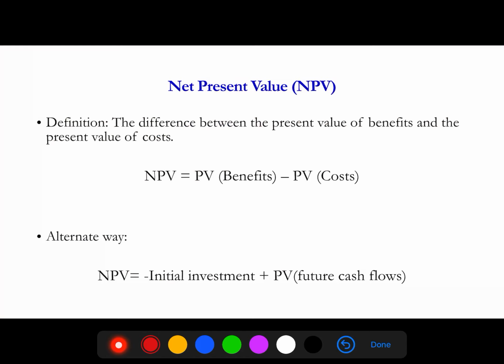So the NPV is the difference between the present value of benefits and present value of costs. You can think of NPV as the cash that the company is going to receive if the company decides to do this project.